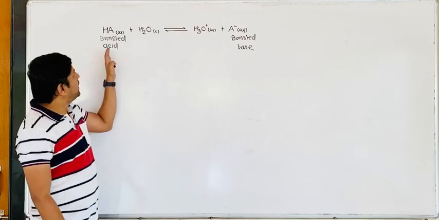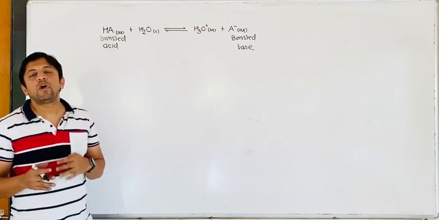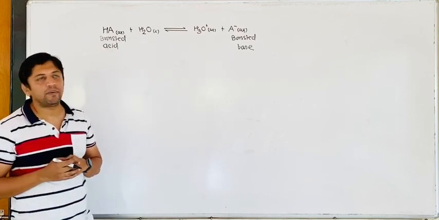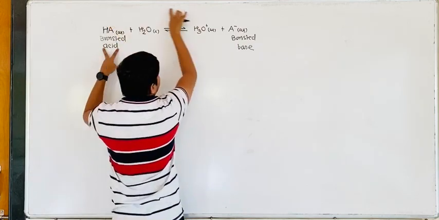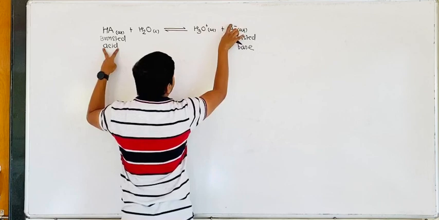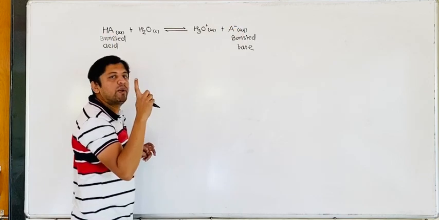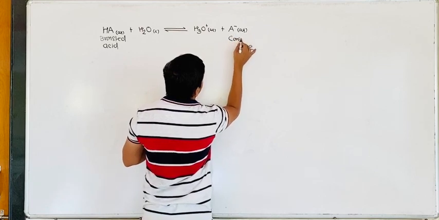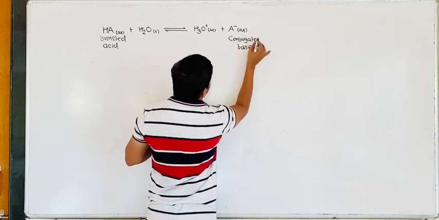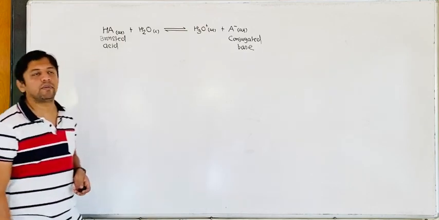Right now HA and A minus represent a conjugate acid-base pair. HA is the parent acid, and after donating H plus, the A minus ion remains, which differs from HA by only one proton, and is nothing but the conjugate base, A minus ion.